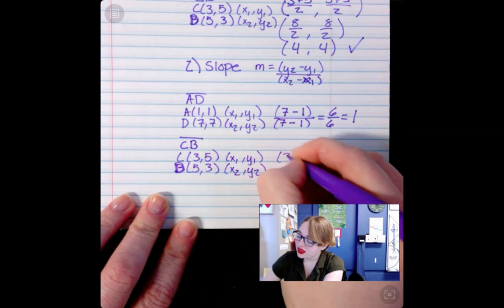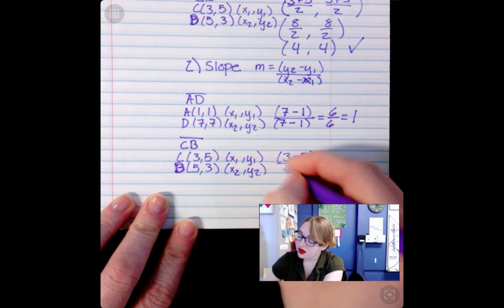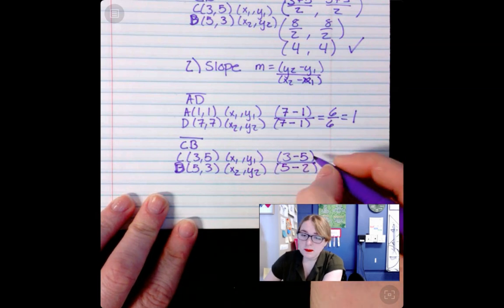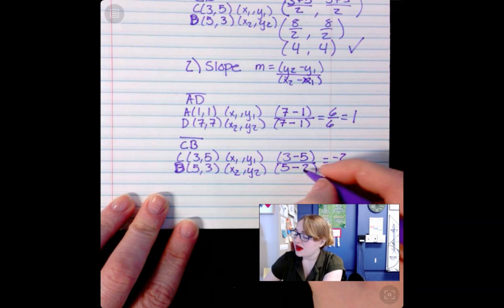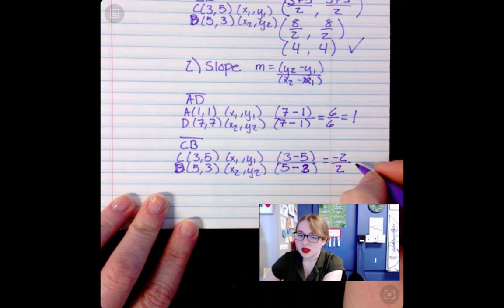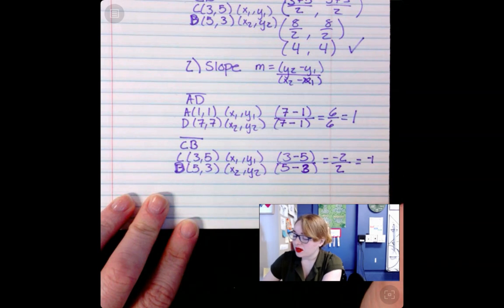So y2 at 3 minus y1 of 5 over x2, which is 5, minus x1, which is 2. So 3 minus 5 is going to give us a negative 2. And then 5 minus 3 is going to give us a positive 2. So ignoring the negative for a second here, 2 divided by 2, or anything divided by itself, gives us a 1. But since these two signs did not match, we only had one negative. This is going to be a negative 1.